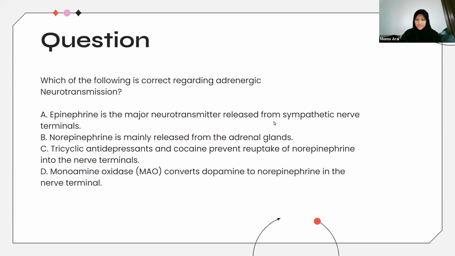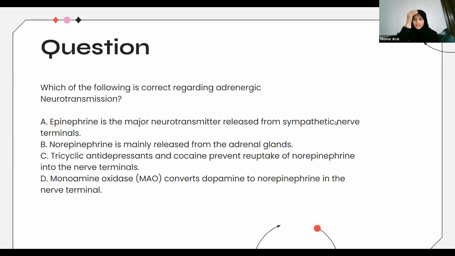So which one of them is correct? We talked about, okay, yes, someone said C. We talked about cholinergic agonists and antagonists.